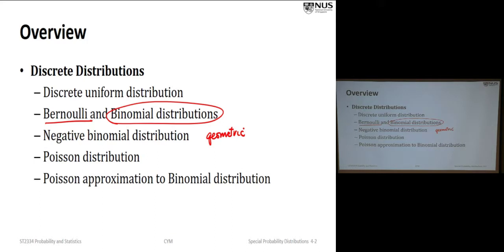One link is that we can approximate a binomial distribution using a Poisson approximation. That means we try to approximate a binomial distribution with a Poisson distribution.